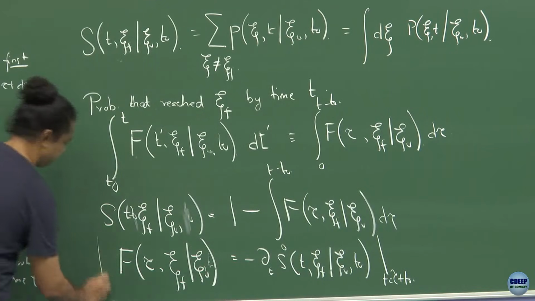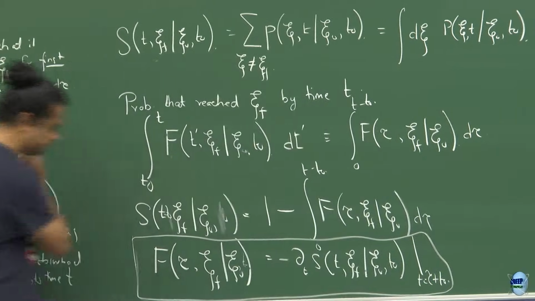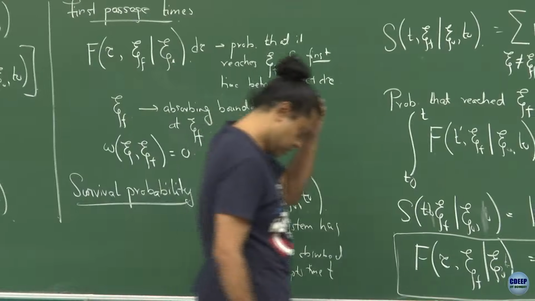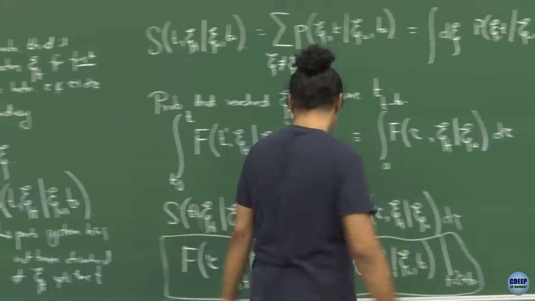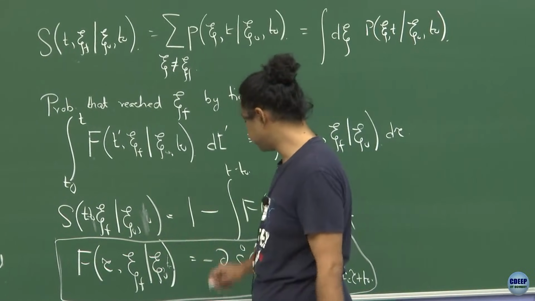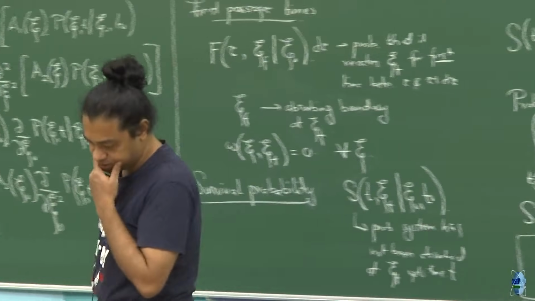Okay. So, if you have calculated the probability that the system has not been absorbed up till time t, then the probability distribution of these first passage times is nothing but the negative derivative of the survival probability.